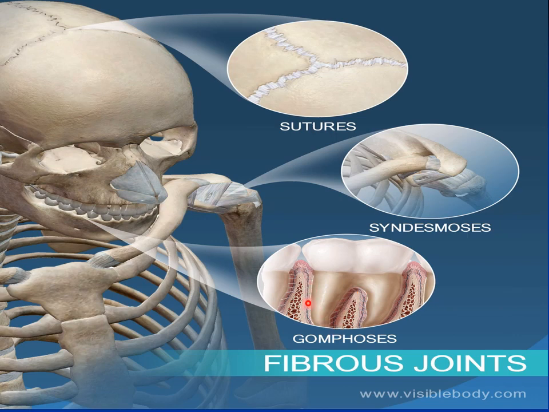As you have seen the alveolar process and the alveolar sockets in the maxilla and mandible, which are fitting these teeth into these sockets, these are the gomphoses. So this tooth is also hard tissue, and it is fitted into its socket, making it a gomphosis.